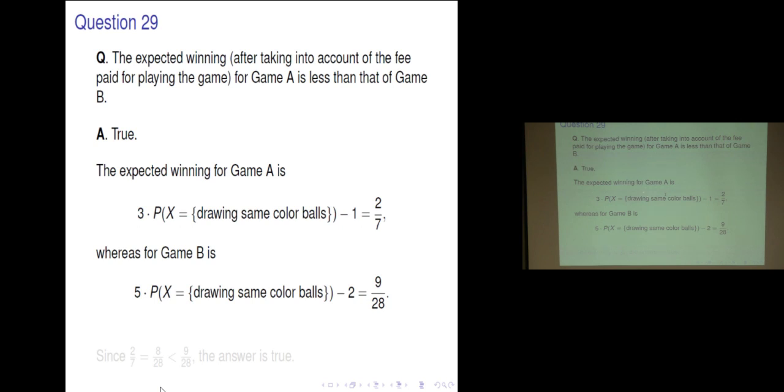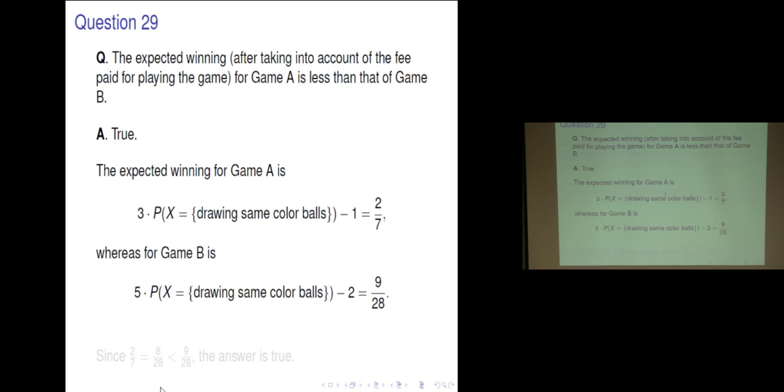So here you get $3 times the chance you get $3, in other words, the chance of drawing the same color balls. And you have to minus 1 because you paid $1 for the game. So the expectation is this, okay?